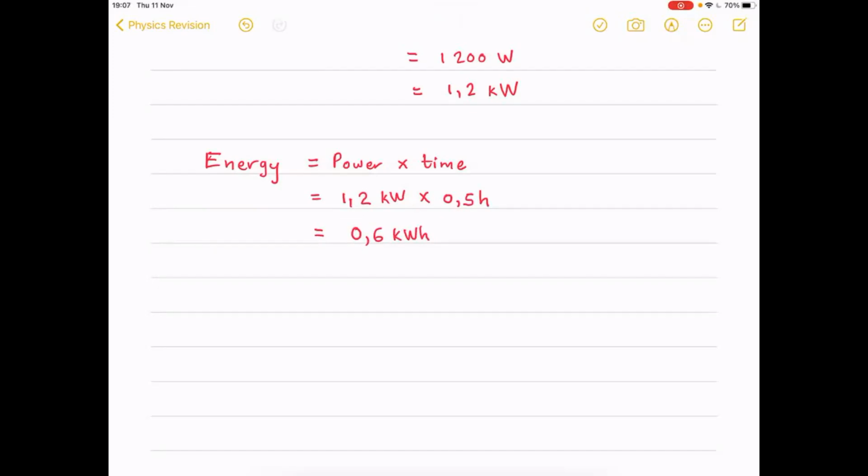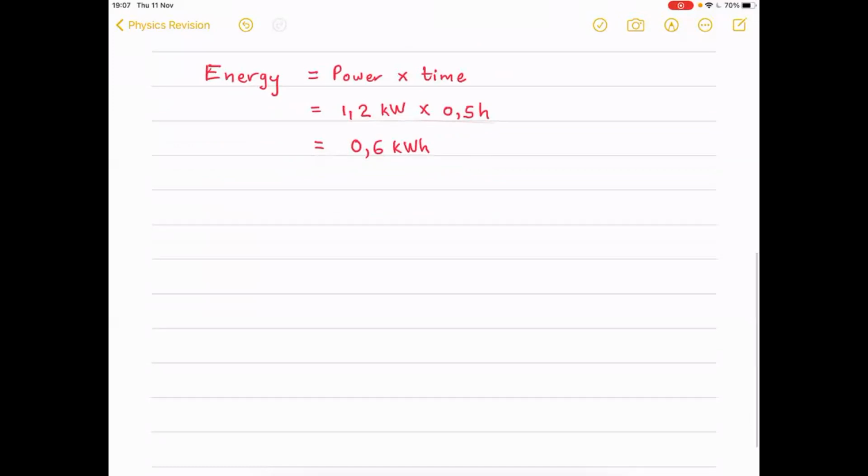And if you're going to pay 1 Rand 47 for 1 kilowatt hour, how much is this going to cost you? So then we just say that the cost is equal to the energy that is being used multiplied by the price of it. So that's 0.6 multiplied by 1.47, which is in rands.